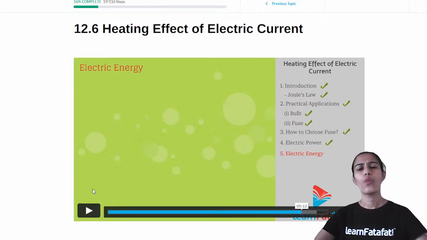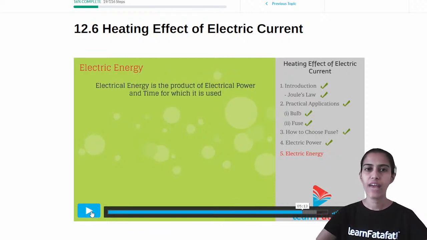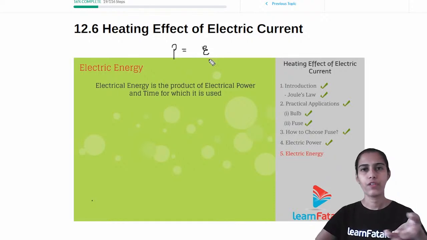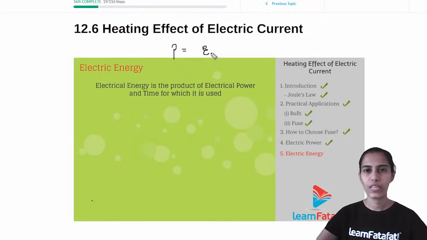Okay, now what about electric energy? We have said that power, wait, 1 minute. Okay. Power is the rate of doing work or the rate of consuming electrical energy. Work done and electrical energy are equivalent because whenever work is done, electrical energy is spent in doing that work.